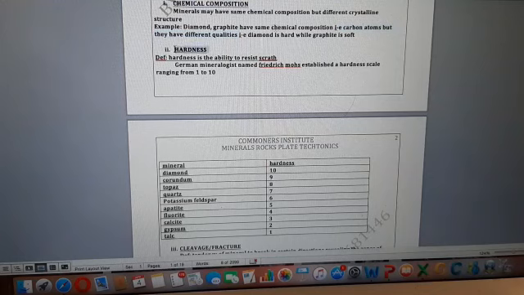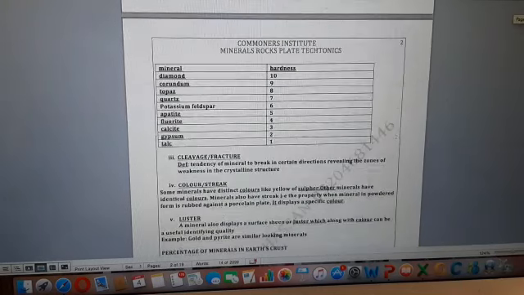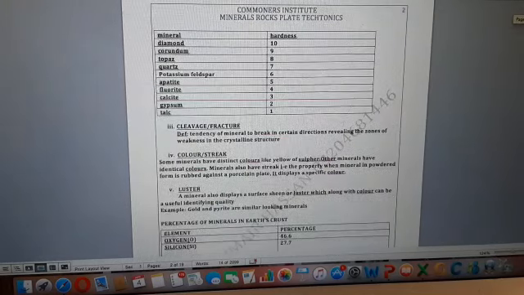Next one is hardness. Now as far as hardness is concerned, that is the ability to resist scratch. The German mineralogist named Friedrich established a hardness scale, and that scale ranges from 1 to 10, and the maximum value in that scale is 10, and that is assigned to diamond.